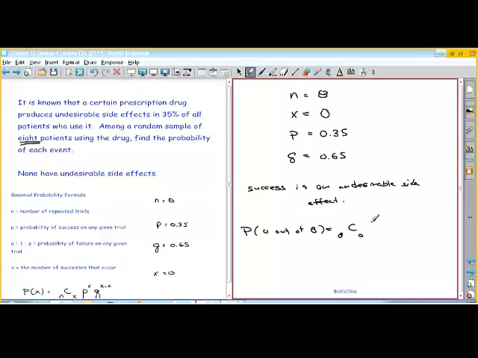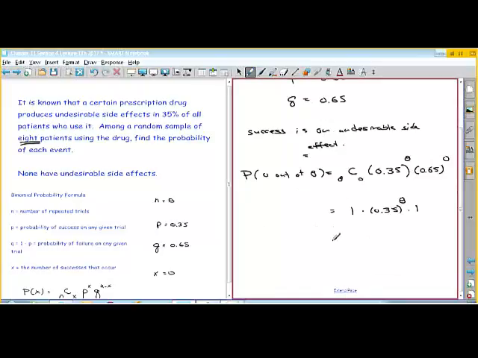Okay, let me see what I get here. So we have 0.35. Where's the 8 power? Oh, you're right.